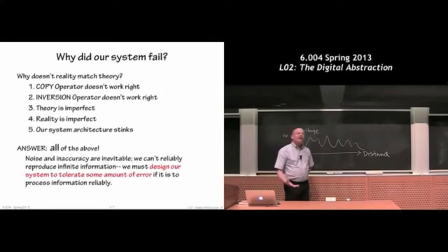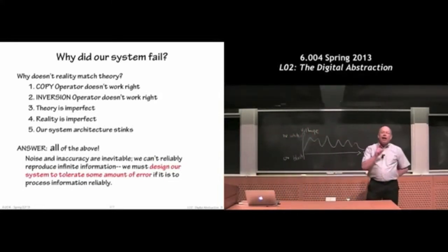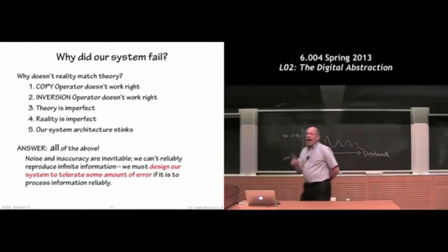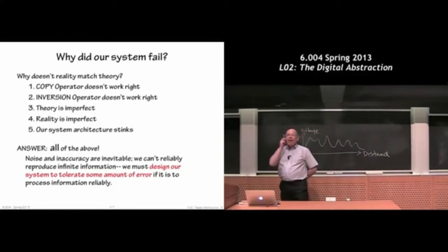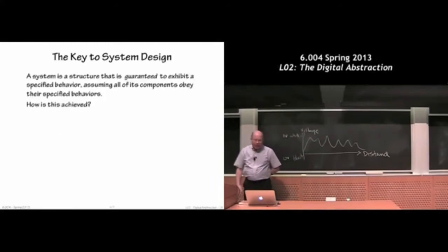The bottom line is that our system architecture stinks because we did not allow for any sort of errors to happen. We didn't have a way of saying, oh, that was an error. Let's correct it now before it gets too far downstream and we lose track of what's error and what's signal.